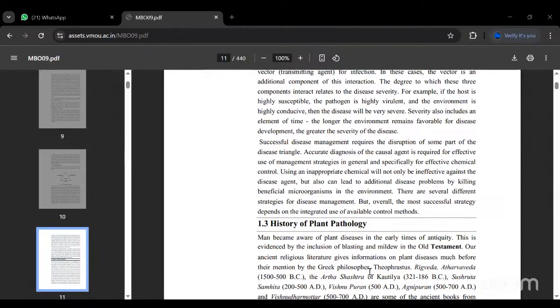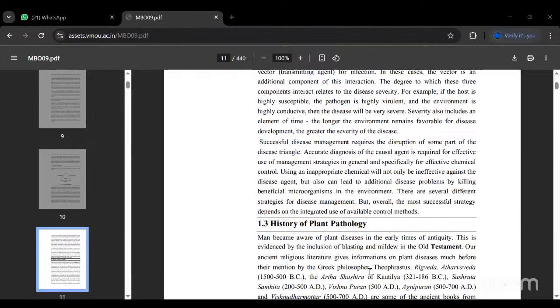Accurate diagnosis of the causal agent is required for effective use of management strategies in general, and specifically for effective chemical control.